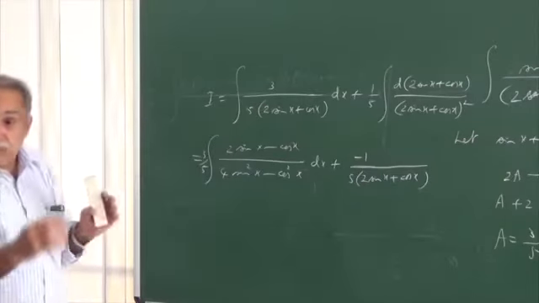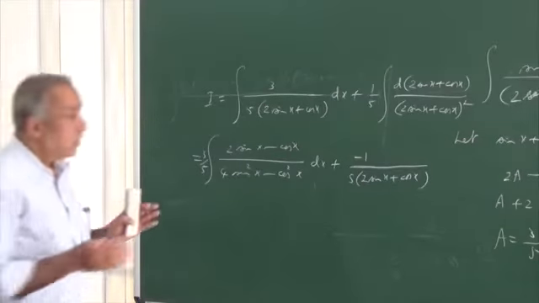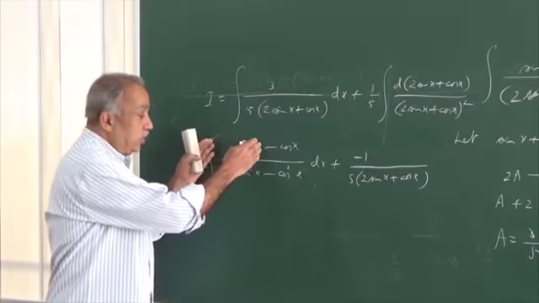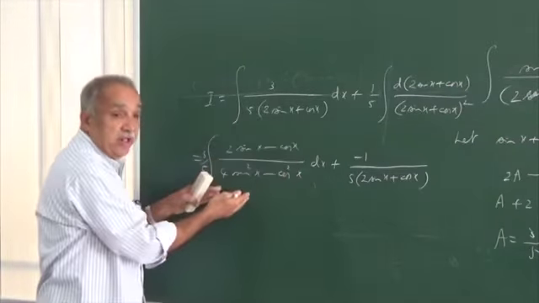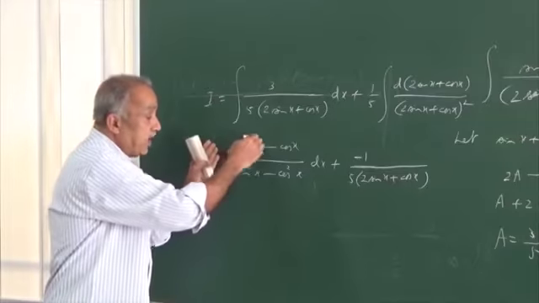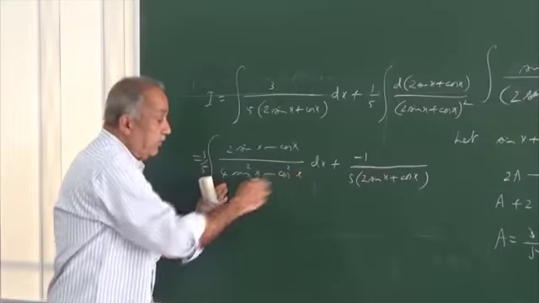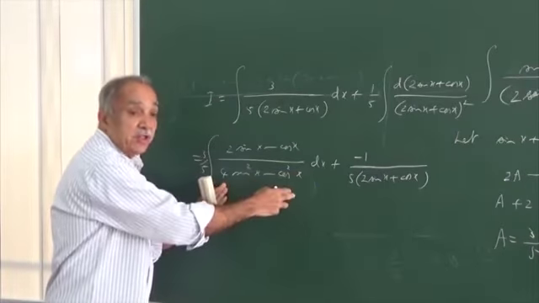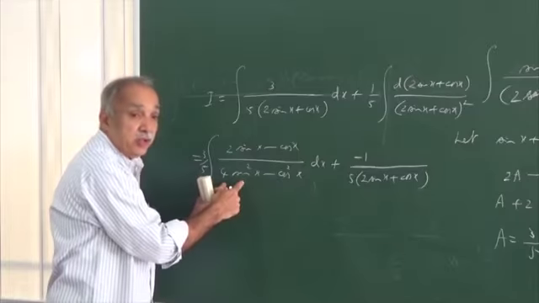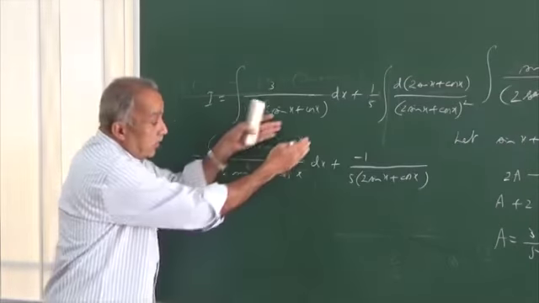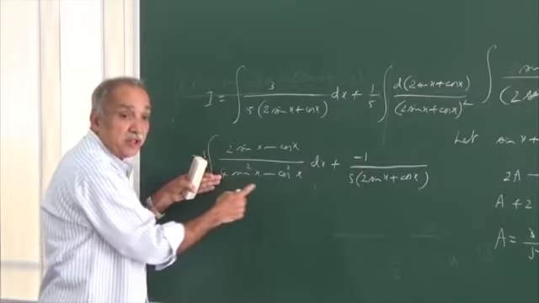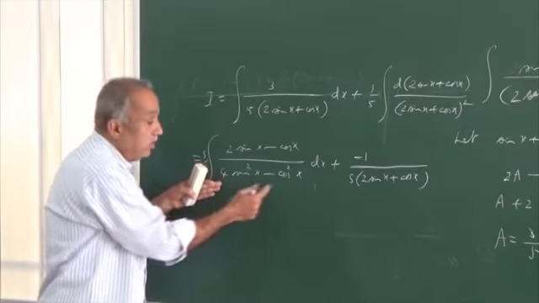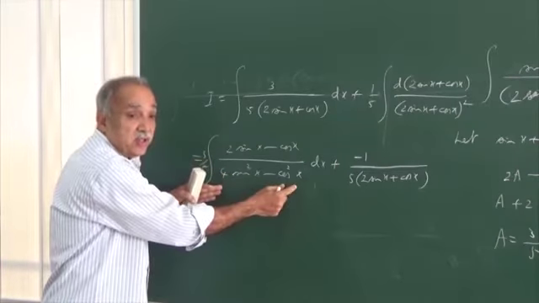Now, this will be broken into two pieces. Part 1 will be 2 sin x divided by this, part 2 cos x divided by this. When you have sin x in numerator, you prefer to have the denominator be a function of cos x. This will be changed to 1 minus cos square x. When you have cos x in numerator, you will have the denominator expressed in terms of sin x alone. This will be changed to 1 minus sin square x.